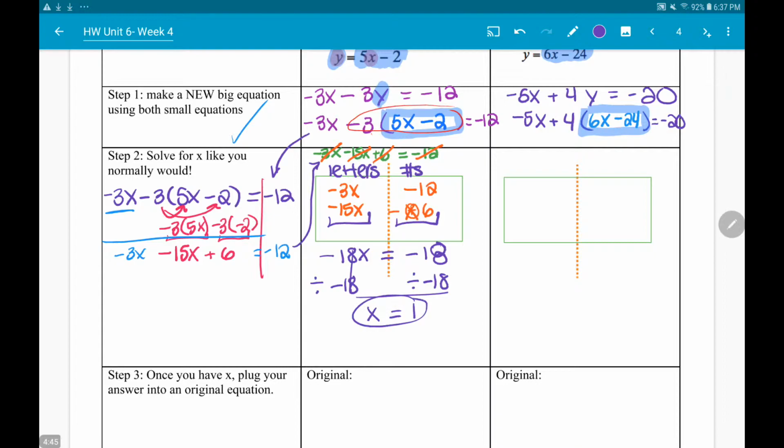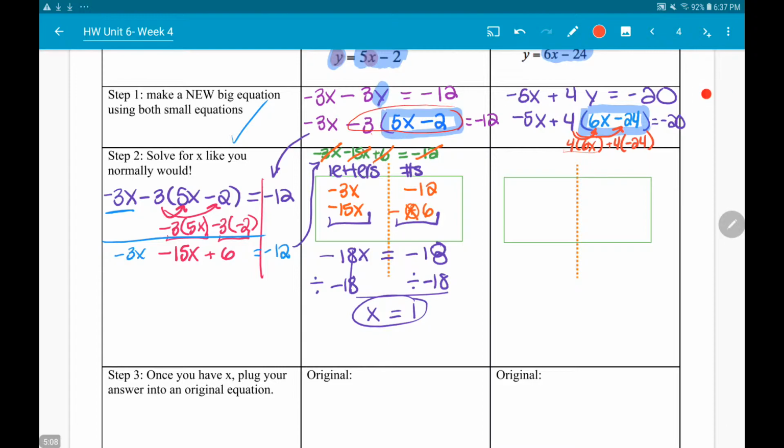All right, so those were a lot of steps. Let's try it again with example number 2. So the first thing we did was distribute. 4 goes with 6x, and 4 goes with negative 24. And once I do that, I simplify using my calculator.